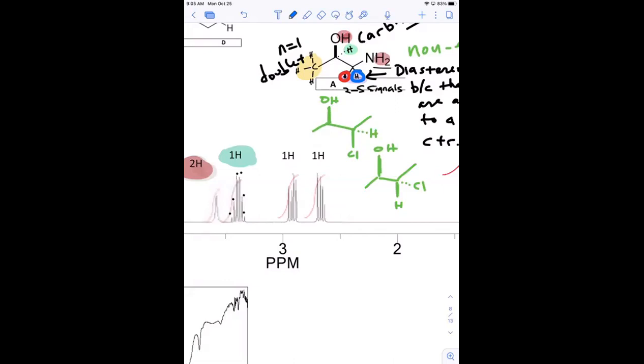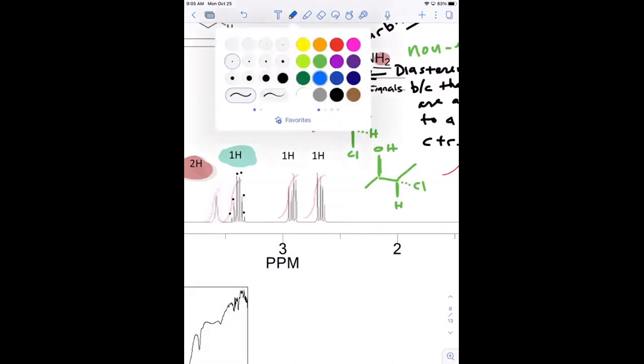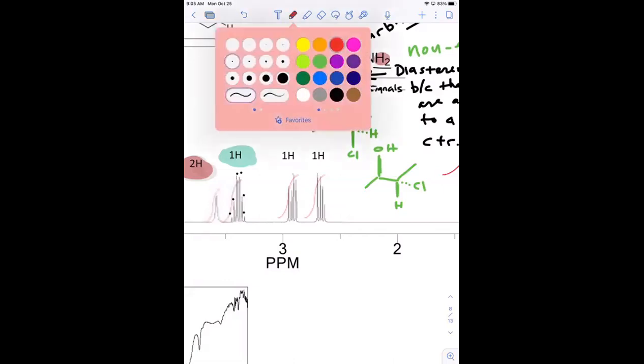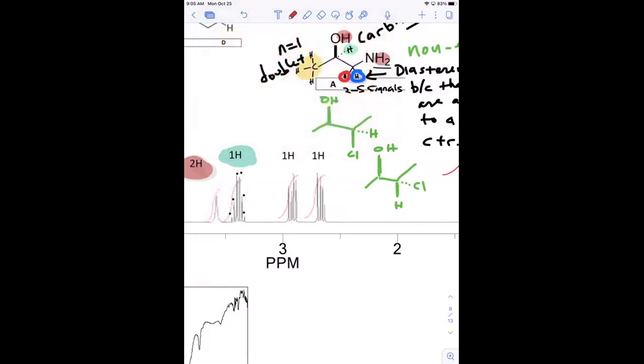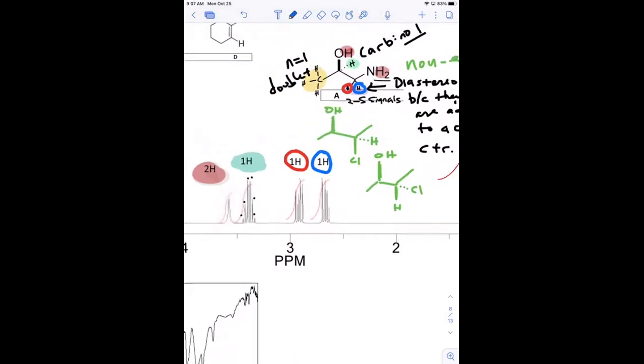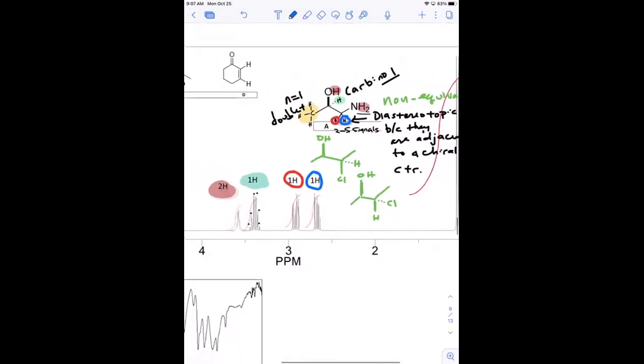So let's say for the sake of argument that the red one is on the wedge, and then the blue one is dashed. So those two signals right there are the two diastereotopic protons next door to the hydroxyl group.